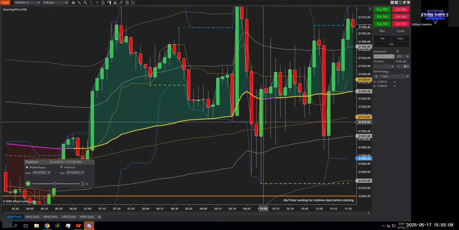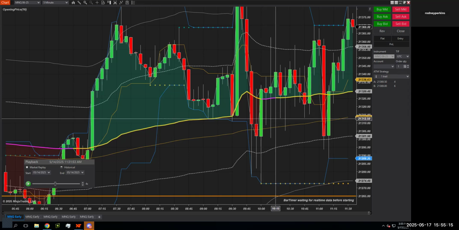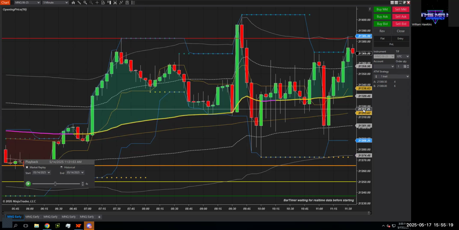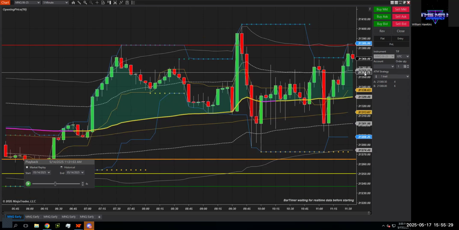So he just prefers that you have this understanding first before you go to him. I think we have a couple students that are already in that trade room with me. But yeah, this is how my chart normally looks.